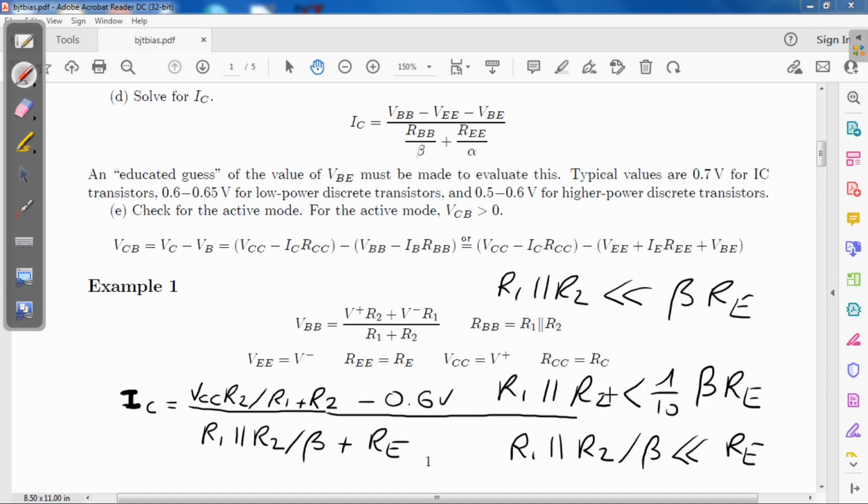And if you go back to the schematics and the explanation about how to choose R1, R2 in the book, it's exactly what they use. Okay, so that's where it comes from. R1 in parallel with R2 must be less than 1/10 of beta RE.